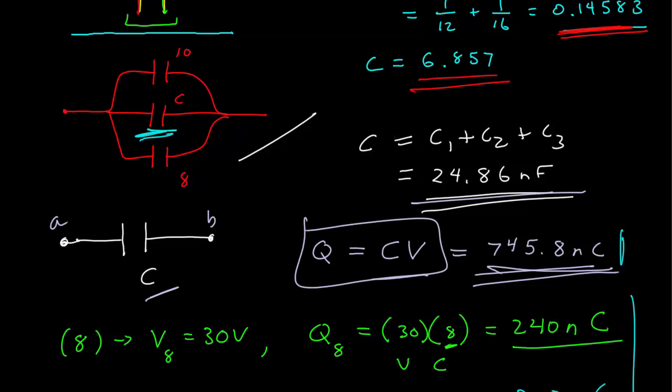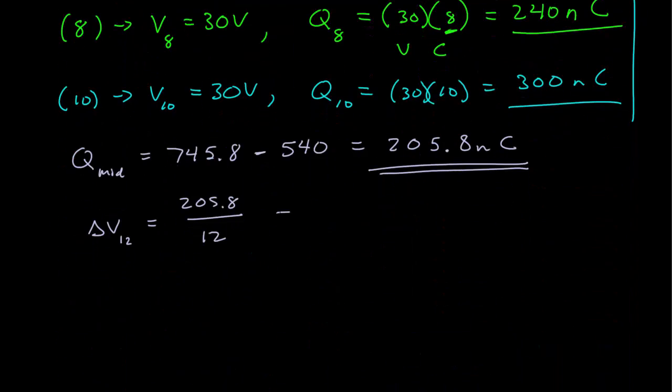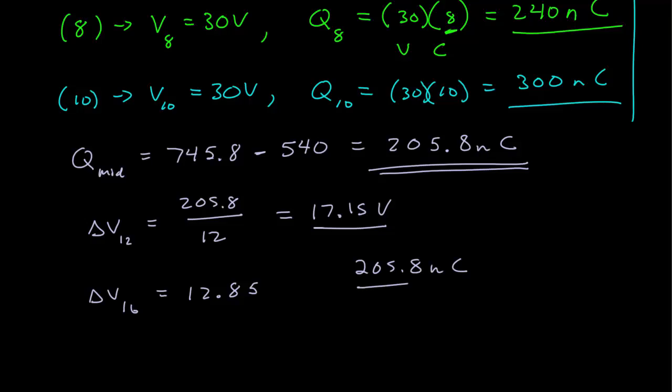And so the voltage drop across that is 17.15 volts, and then the voltage drop across the 16 is simply 30 minus this, which is 12.85. I might check that against 205.8 nanocoulombs divided by 16, because that should also give us the same result, and we check that and it does.